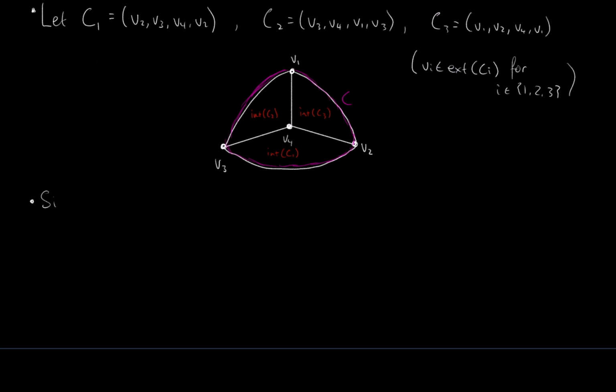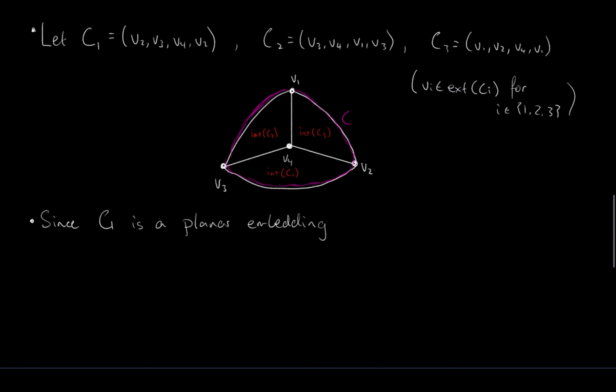Now, since the graph G is a planar embedding, because we've assumed that K5 is planar, so G is the planar embedding.